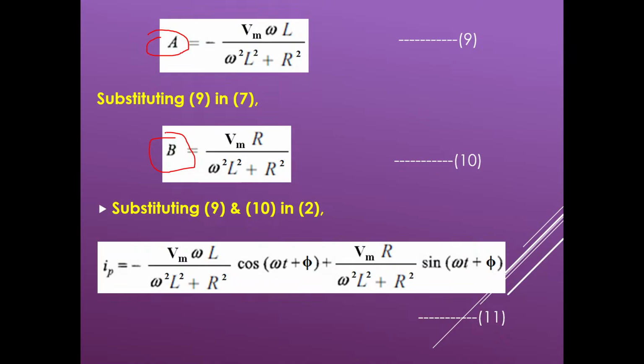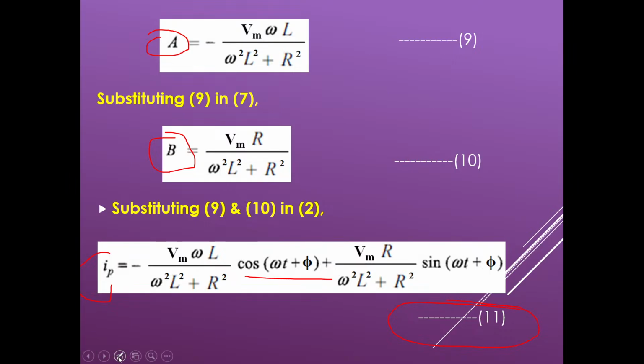So in the particular part of the current solution, you can substitute A value and B value. IP is equal to minus Vm omega L by omega square L square plus R square into cos omega t plus phi, plus Vm R by omega square L square plus R square sin omega t plus phi. Consider it as equation number 11.